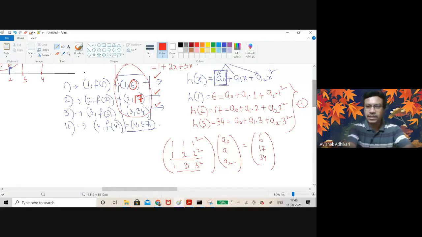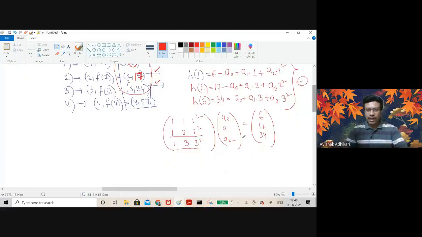Now this is a 3 by 3 matrix, and if the determinant value of this matrix is non-zero, then you will have the inverse of it, and if you multiply both sides with this inverse, then you will get this value. That means this system of linear equations will be consistent if and only if this determinant value is non-zero.